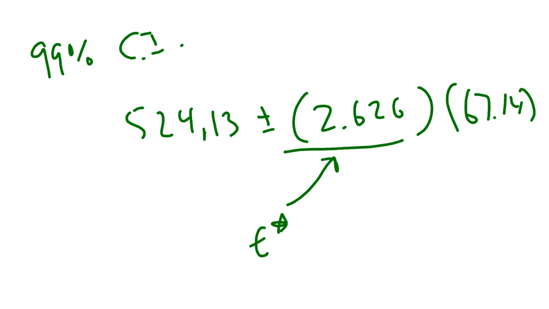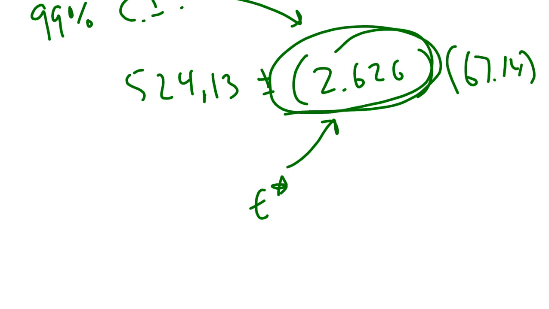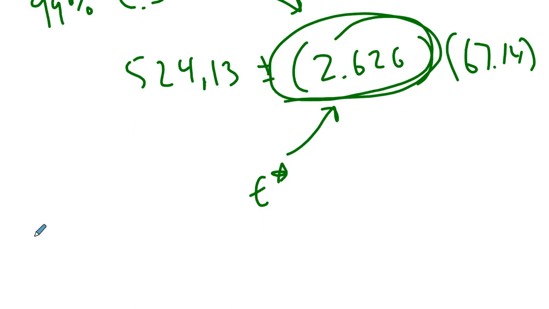And here now I'm using 2.626 for 99%. You can tell already this new interval is going to be wider. And that's a really important concept with confidence intervals. If you want to be more confident that you've captured the true mean, then you need a wider interval.